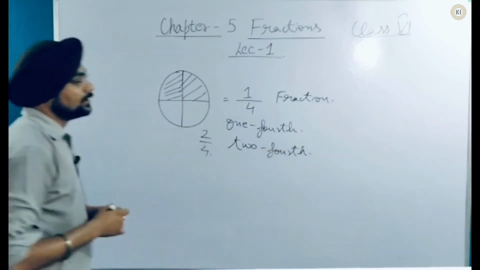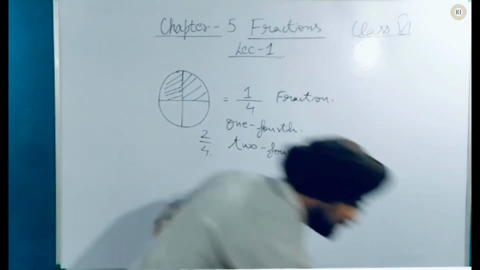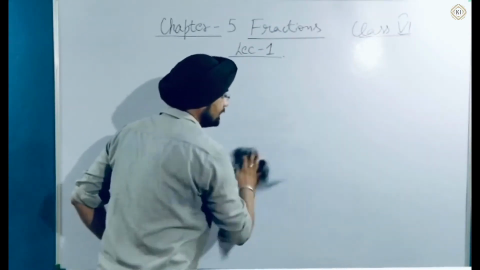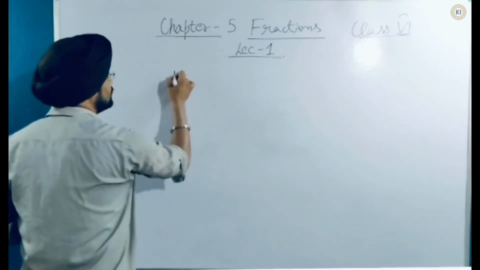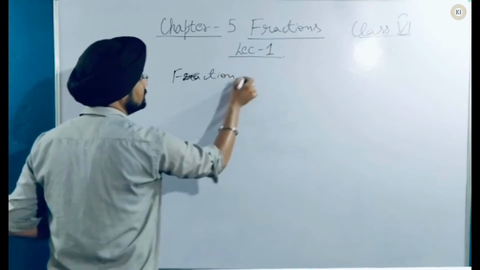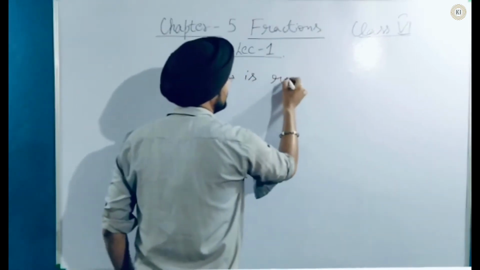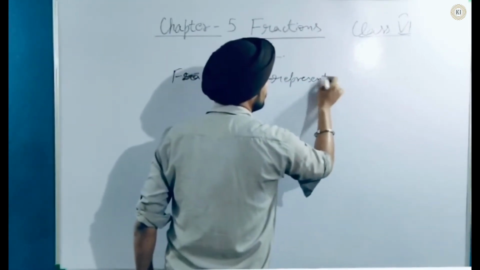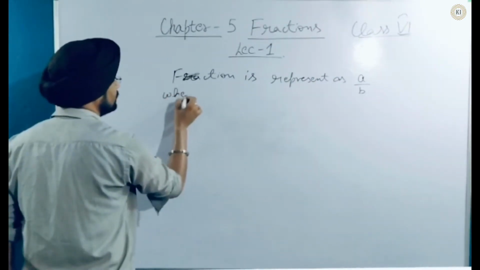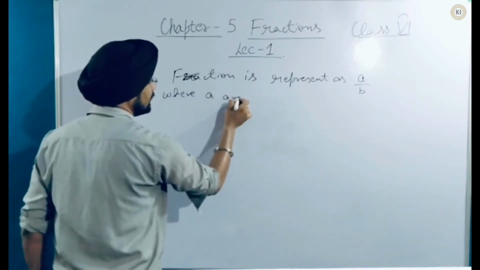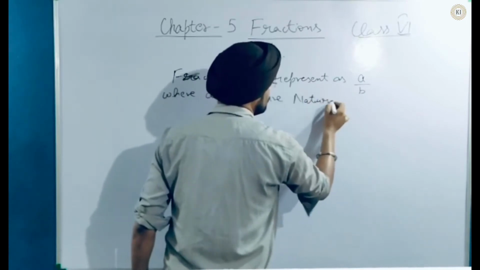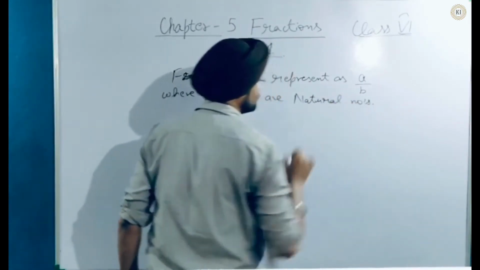So what is a fraction? Fraction is a term which can be represented as A upon B, where A and B are natural numbers.